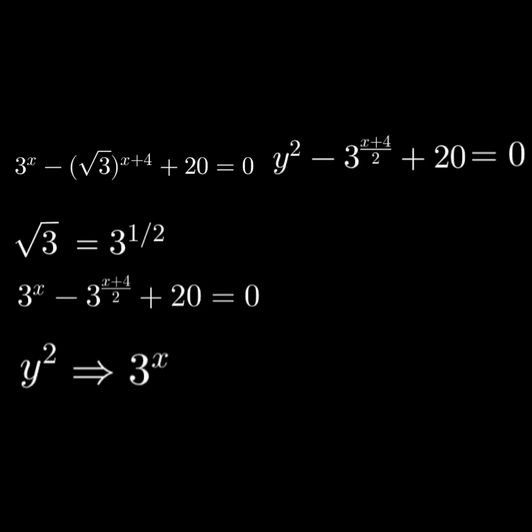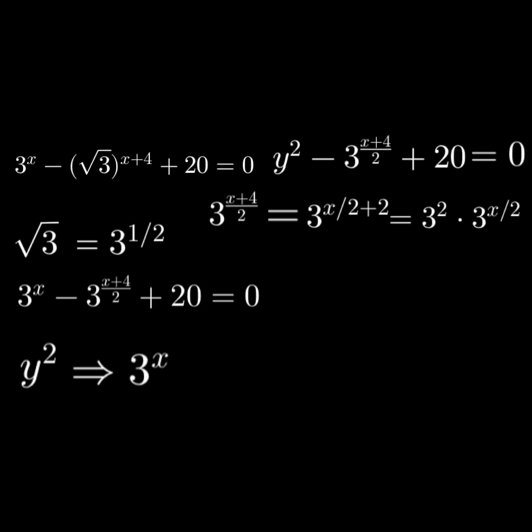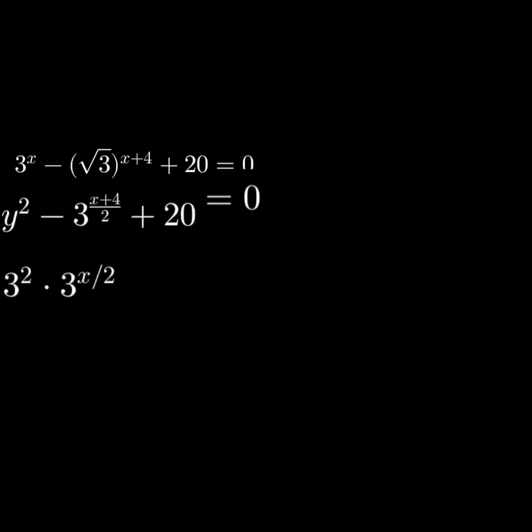We recall that 3 to the power of (x plus 4) over 2 is equal to 3 to the power of (x over 2 plus 2), which can also be expressed as 3 to the power of x over 2 multiplied by 3 to the power of 2, according to the law of indices. Hence 3 squared multiplied by 3 to the power of x over 2 is equal to 9y, since y squared is equal to 3 to the power of x.